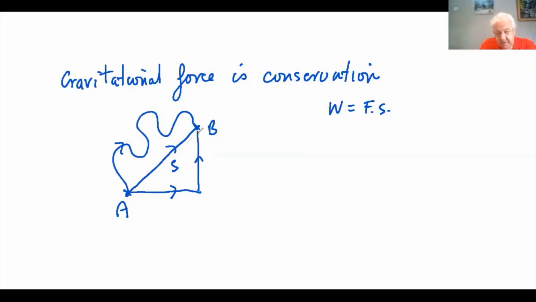So when the work done between 2 points is completely independent of the path, then we say the force is conservative. My spelling here went astray. Let me correct that. Conservative.